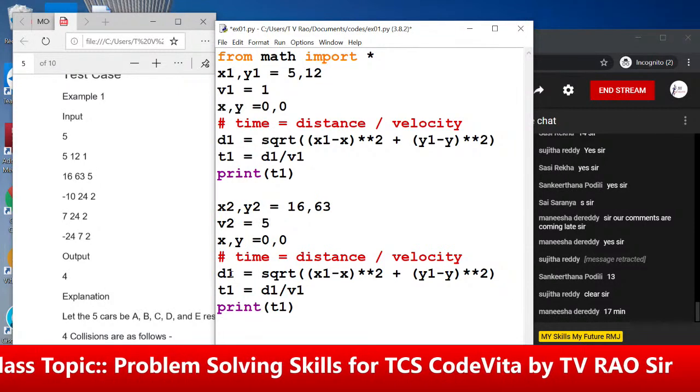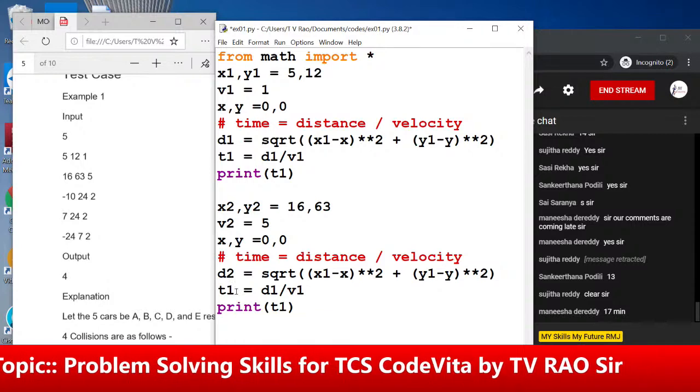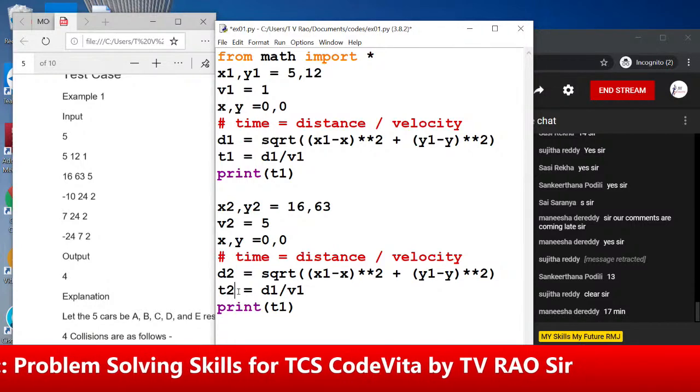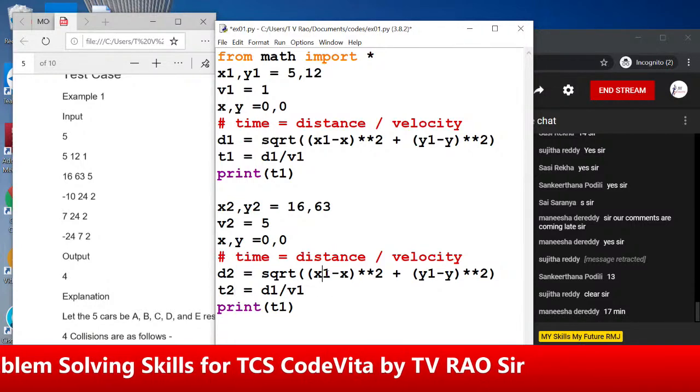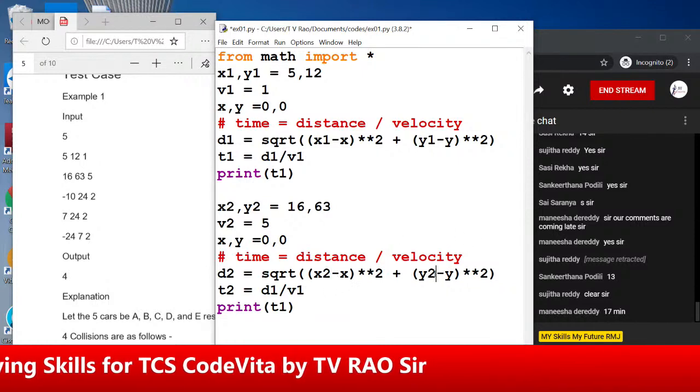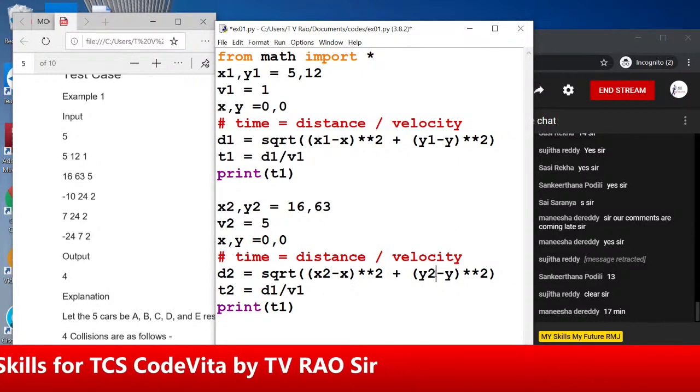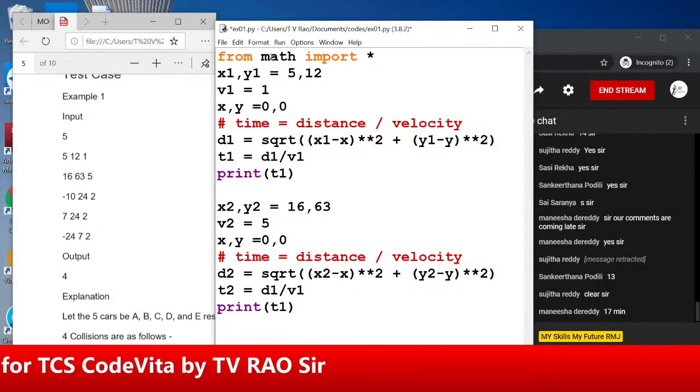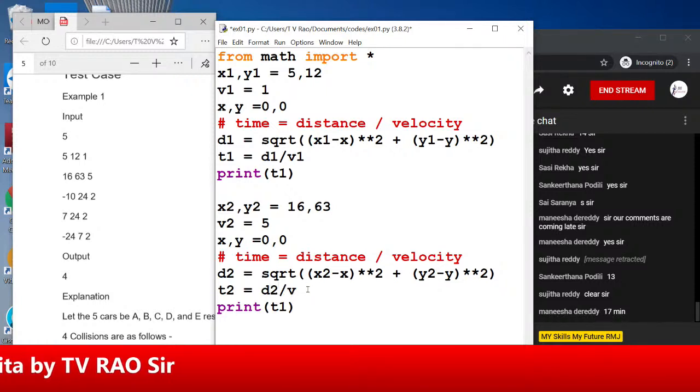Now find out distance and find out time. Okay, what is distance? Now let us find out. This is d2 by v2. Now this is t2.